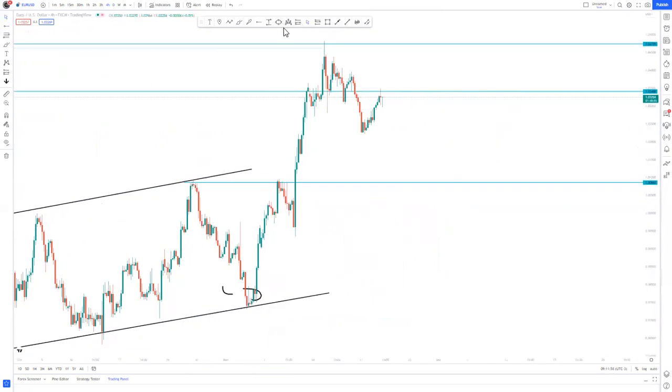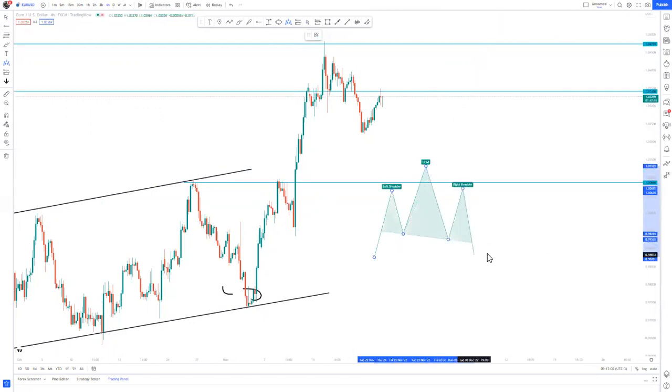What do you see here, guys? I guess we all see the same thing. What do you see? Head and shoulders. You see, you guys are smart. I like the fact that you saw that this is a head and shoulders.